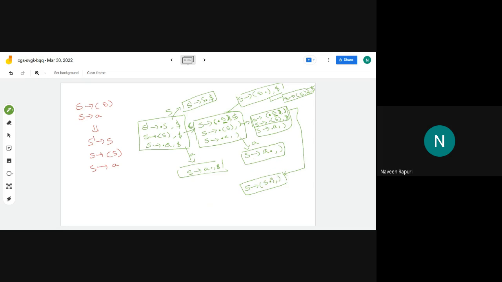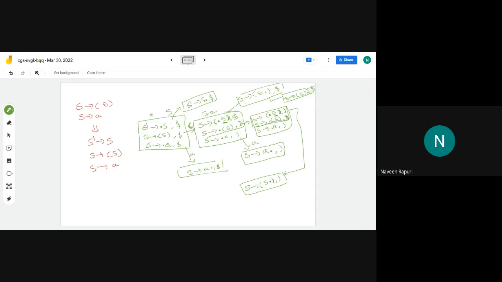Here after dot there is a terminal, so no need to expand any. Suppose if we see here, S derives dot open parenthesis S closed parenthesis comma closed parenthesis. This is same as this one.